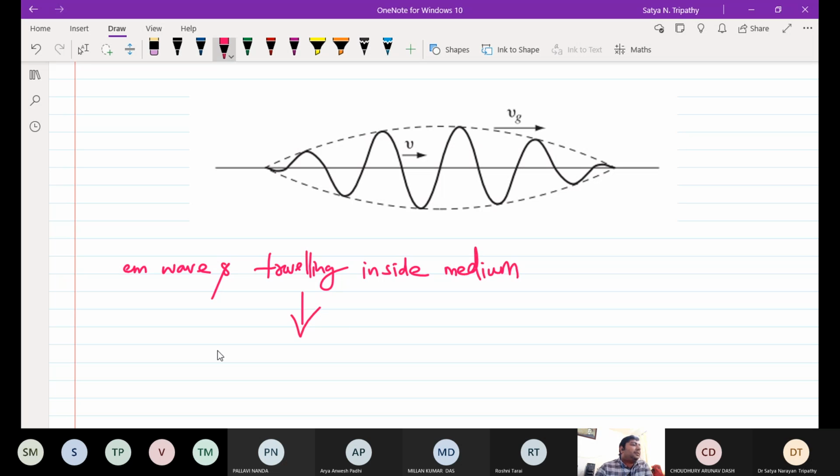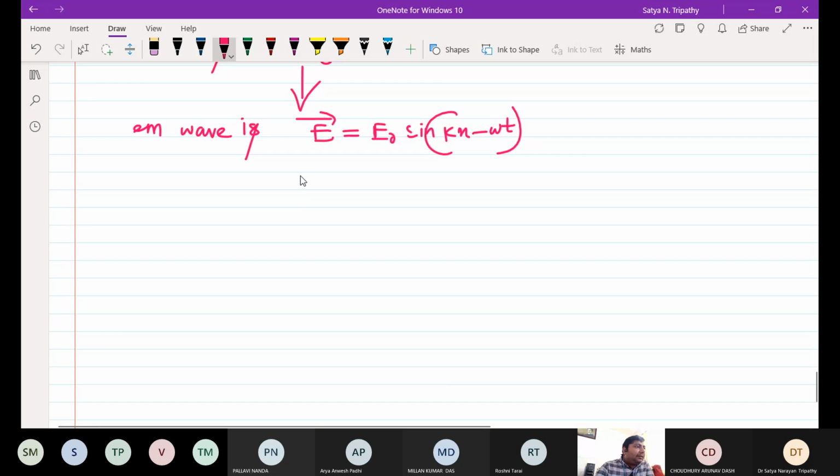Next, the medium contains atoms and electrons. The EM wave has an electric field, which means it is actually a force, and this force is oscillatory.